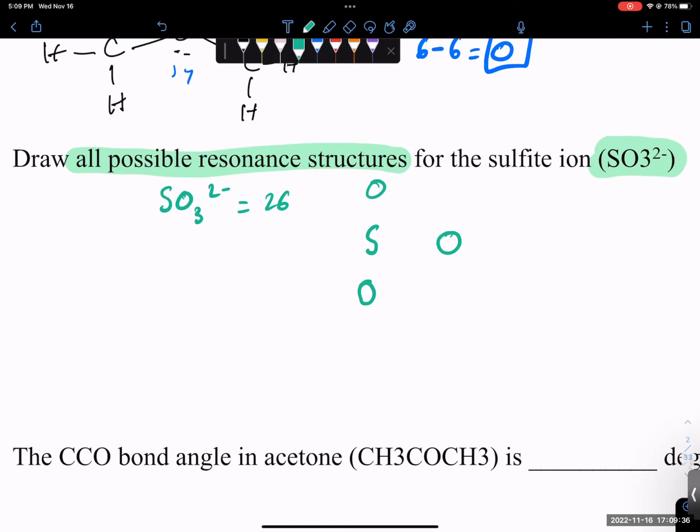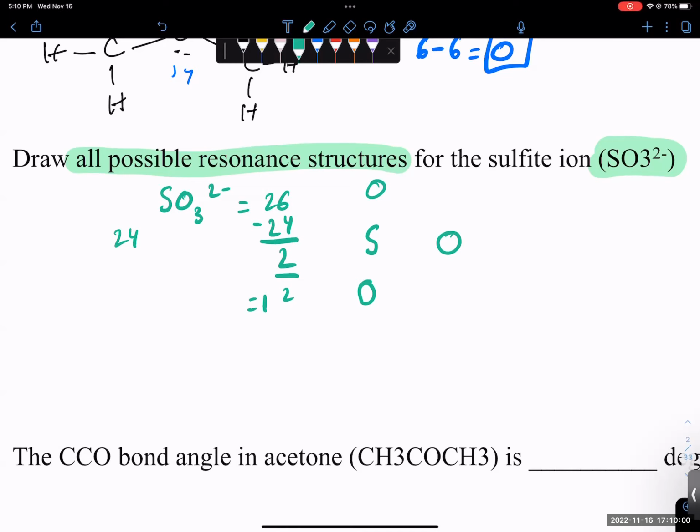So 3 times 8 is 24, and then subtract that from 26. So 26 minus 24 is 2 valence electrons. What does that mean? Divide that by 2, that gives you 1. Maybe a lone pair on the sulfur. Yeah, there's a lone pair on the central atom.